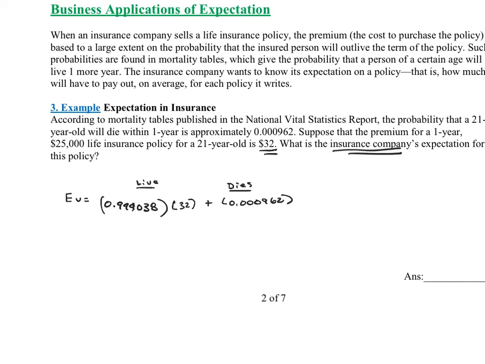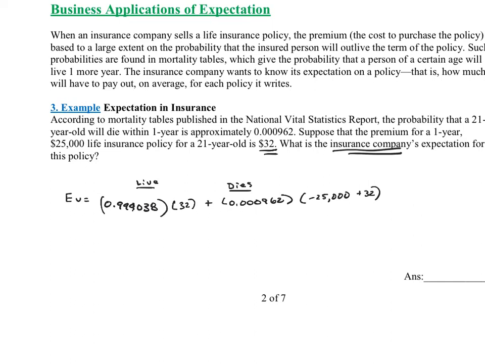If that person dies, which is a very low probability, the insurance company needs to pay out that $25,000. So you're going to have that negative $25,000 because that's them losing $25,000. But there's one little caveat here. You have to add in the $32 because that person did pay a positive $32 for the premium.